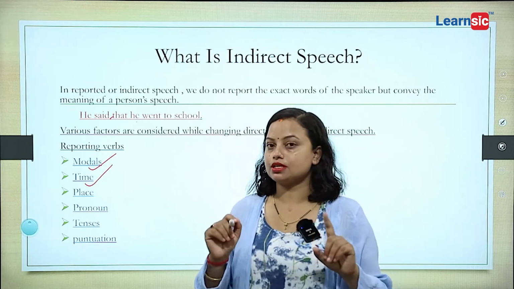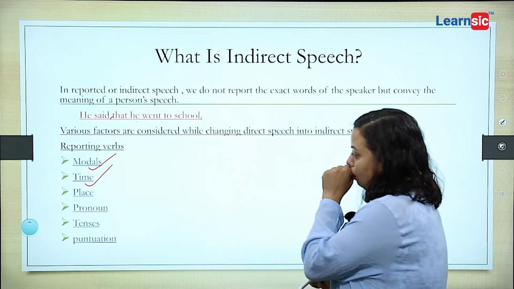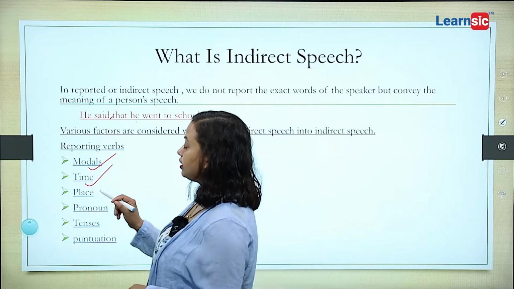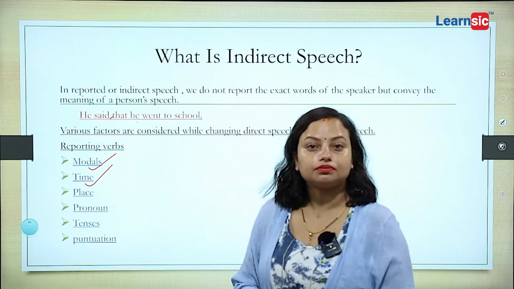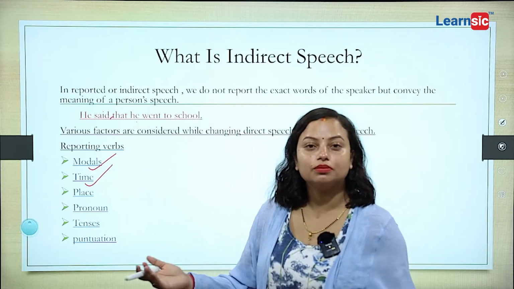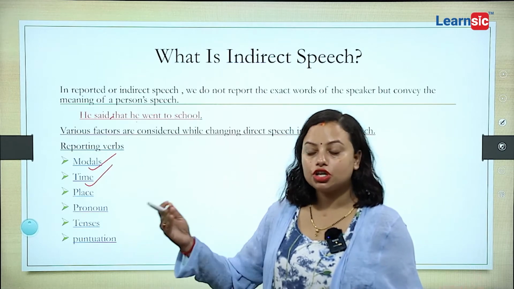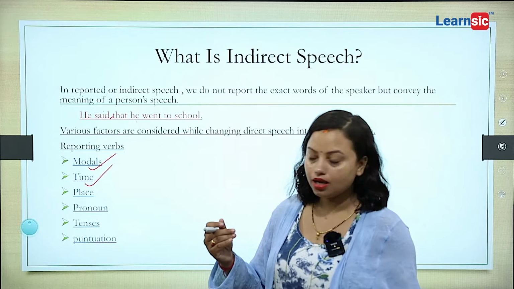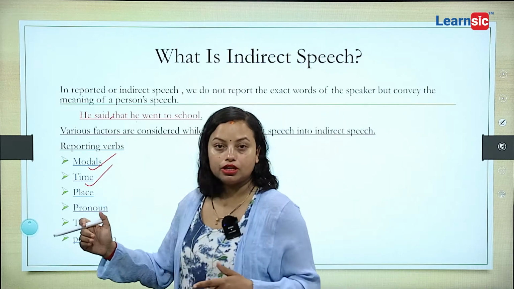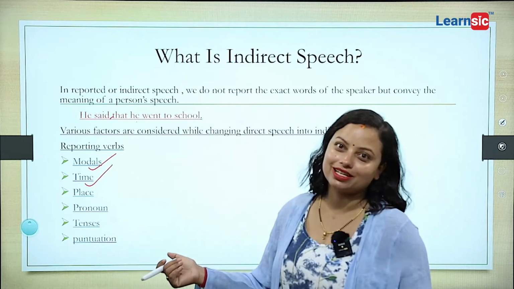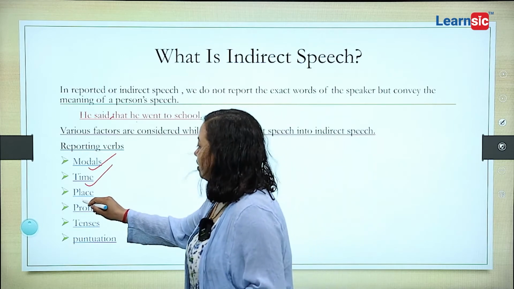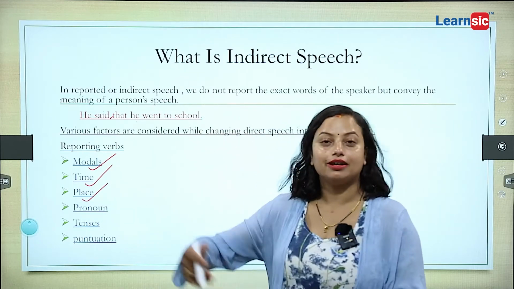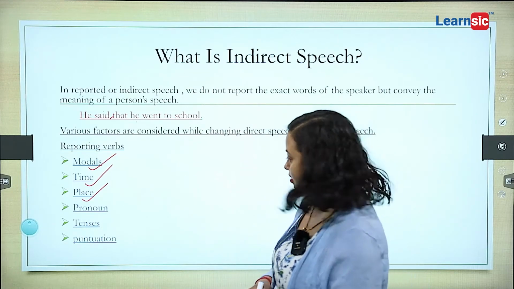We shouldn't copy the same thing. For example, tomorrow, what will be the changing time of tomorrow? Okay, so the next day, the following day. Now place, here छ भने there, okay.